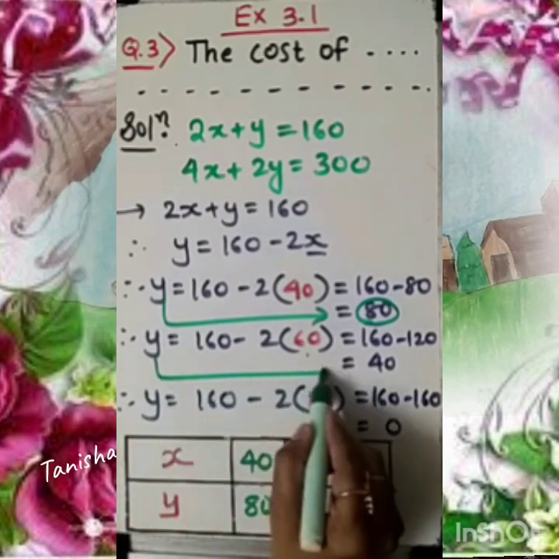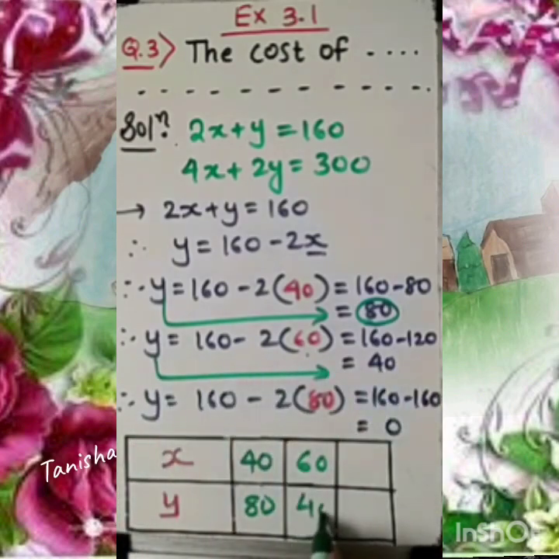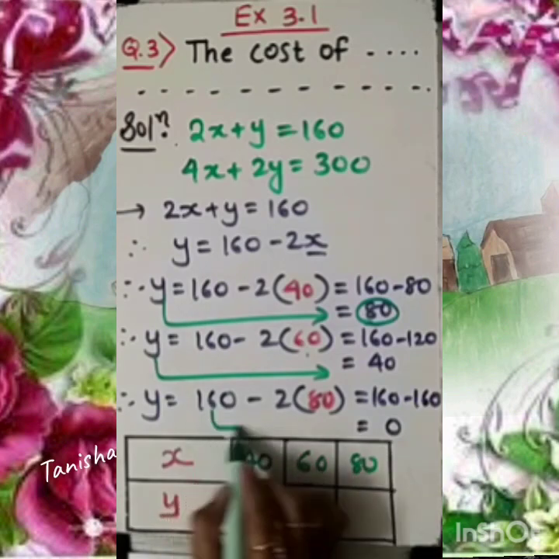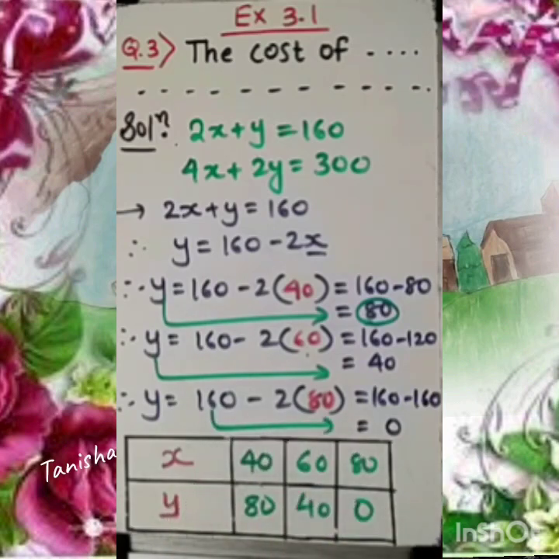So I have here result 40. Here I have chosen 80. So I have the result 0. So these will afterwards become the coordinates of the x-axis and y-axis. That we work out afterwards, which point we need to locate. Let's see further.